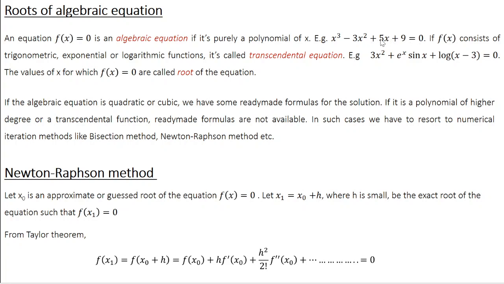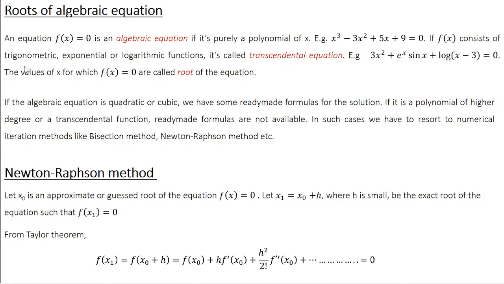This is an algebraic equation. On the other hand, if f of x contains trigonometric, exponential or logarithmic functions, then it is known as a transcendental equation. For example, 3x squared plus e to the power x sine x plus log x minus 3. This is an example of a transcendental equation.